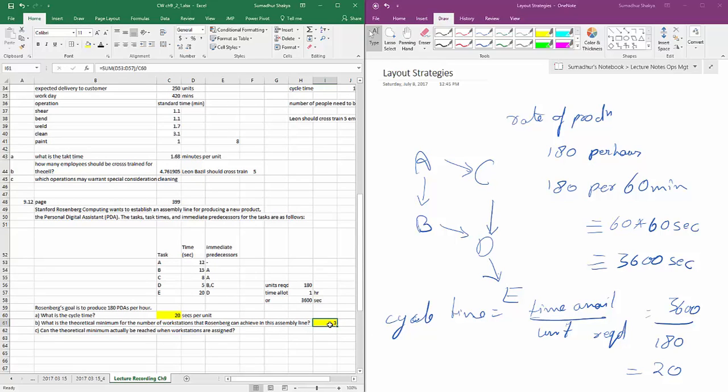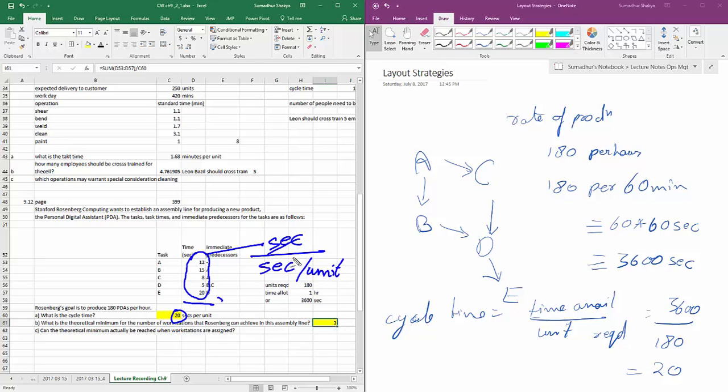Now you see, when we are dividing the sum of all the activities that it takes to produce one unit, which is in seconds, we can divide that by this number, which is a cycle time, 20 seconds per unit. Now this is in seconds, divided by seconds per unit.